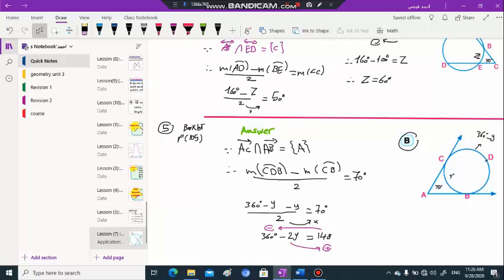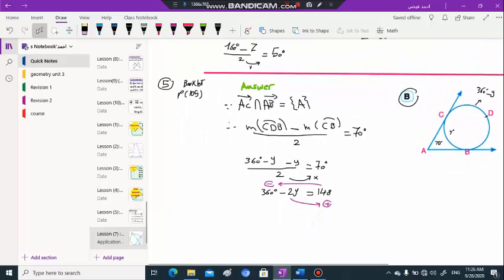So 360 degrees minus 140 equals 2y. 360 minus 140 will be 220 degrees, equals 2y, so y equals 220 degrees divided by 2. So y equals 110.